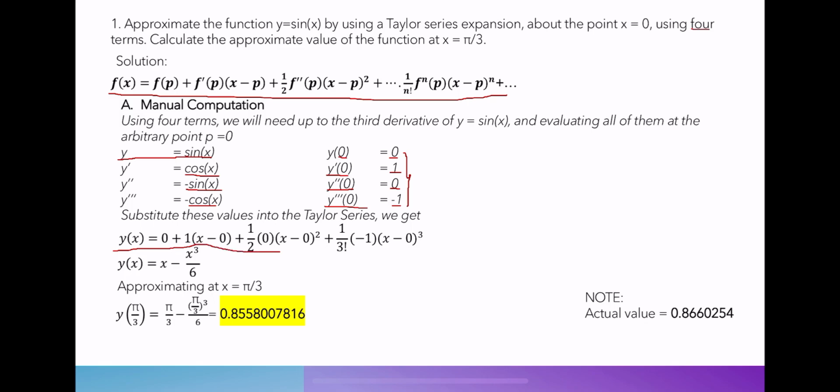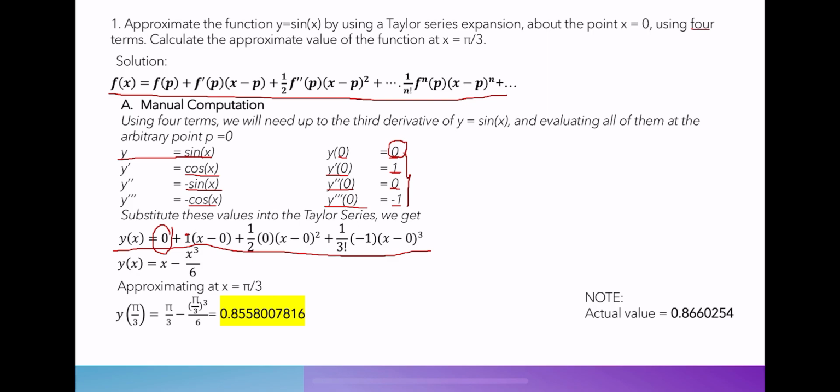Our first term, f of p, is 0. Plus f prime p times x minus p, that is just 1 times x minus 0, plus 1 half times 0 times x minus 0 squared, plus 1 over 3 factorial times negative 1 times x minus 0 raised to 3.